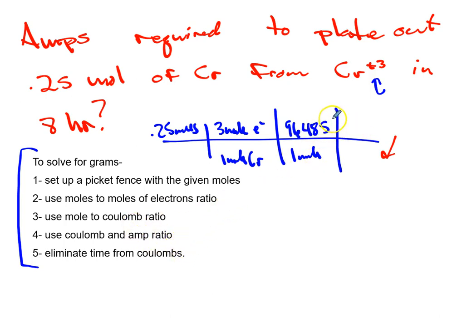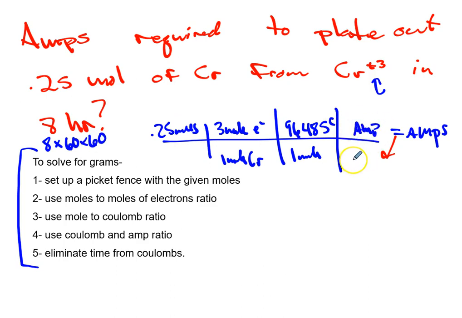And then this gives you coulombs, but I need just amps. Whoops. Oh my gosh. I can't write. That was tricky. I need just amps. So amps are seconds, so I now need to eliminate by time, so I got to divide by seconds. So 8 hours, it's 8 times 60 times 60. So that comes down here. So you got an amp.